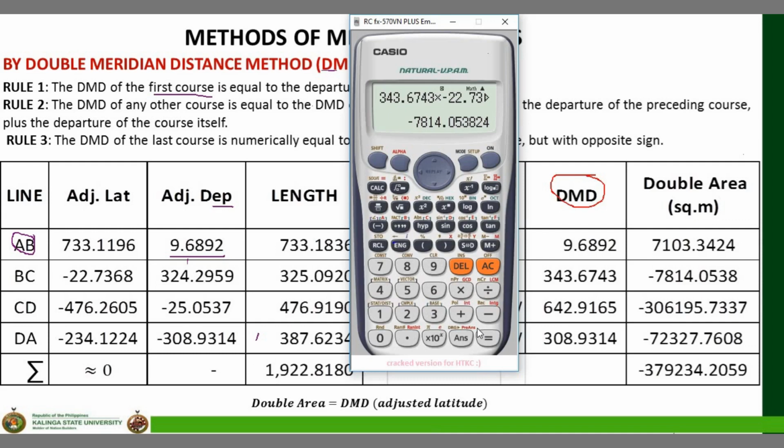The double area for CD is equal to 642.9165 multiplied by the latitude of CD that is negative 476.2605 which is equal to negative 306,195.7337.